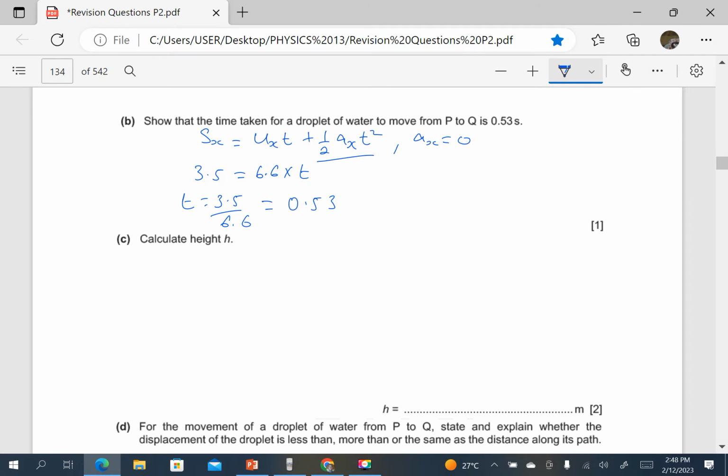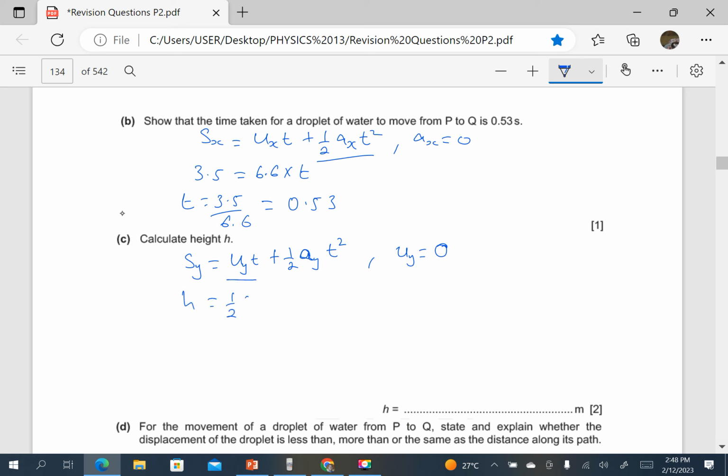Calculate the height h. We shall consider vertical motion, use the same formula: s in the vertical equals initial velocity in the vertical times t plus a half acceleration in the vertical, which is acceleration due to gravity, times t squared. Note that initial velocity in the vertical when the body is projected horizontally is 0. Therefore, s in the vertical is h, and this part will be 0.